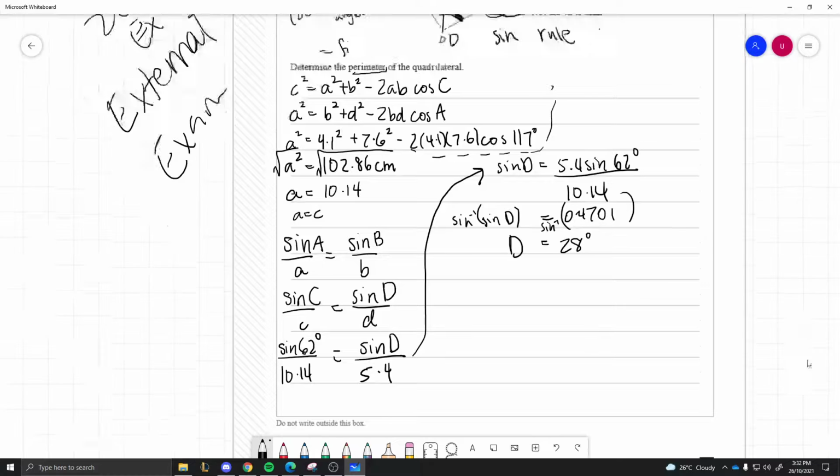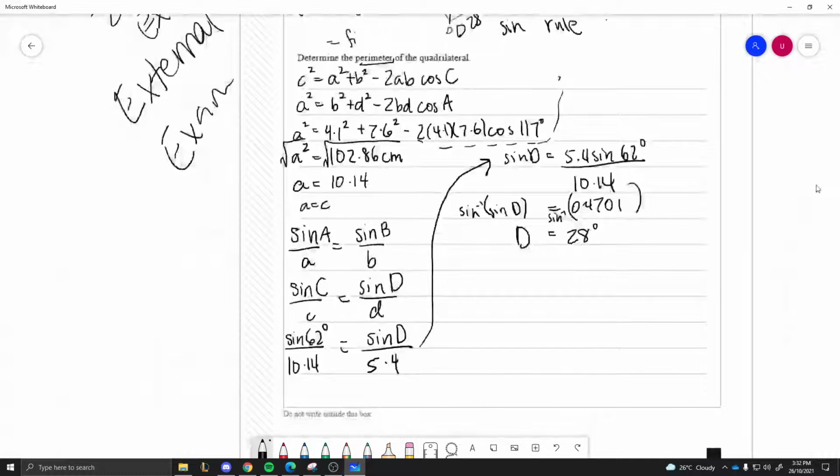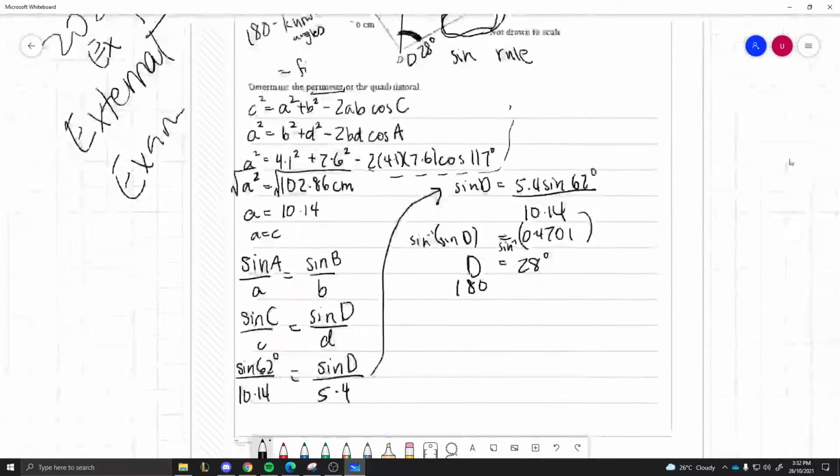So let's write 28 degrees down here, and now what's our unknown angle here? Let's call it B2, capital B2. So for that unknown angle, 180 equals B2 plus 28 degrees plus 62 degrees.